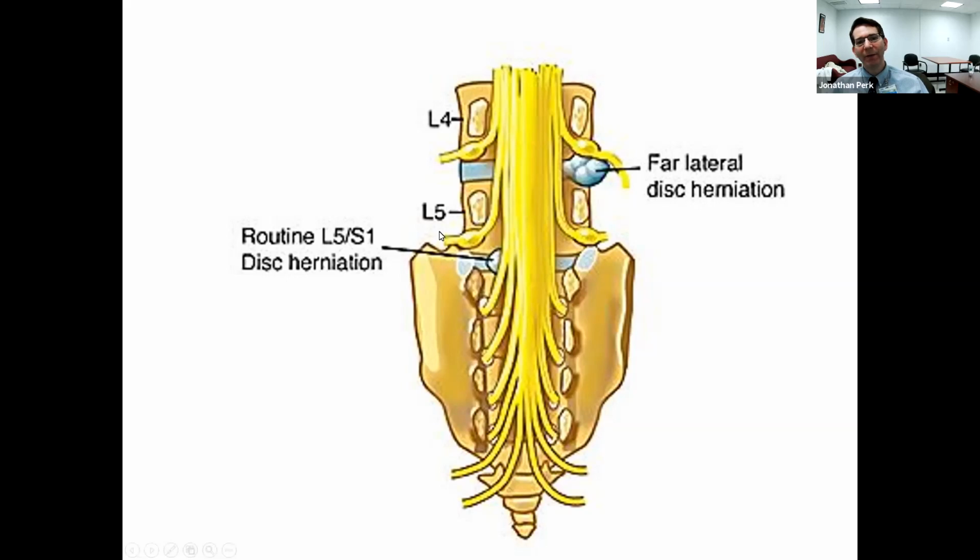If we have over here in the lower part a posteromedial herniation, then it will actually happen below the exit of the corresponding nerve. So look at a herniation here. The herniation here is between L5 and S1. Here we have a posterolateral, so it's kind of a medial herniation.